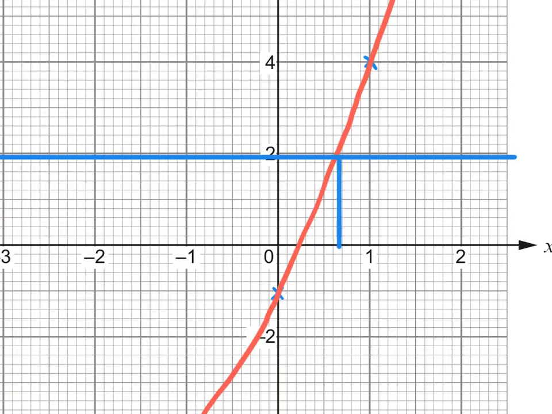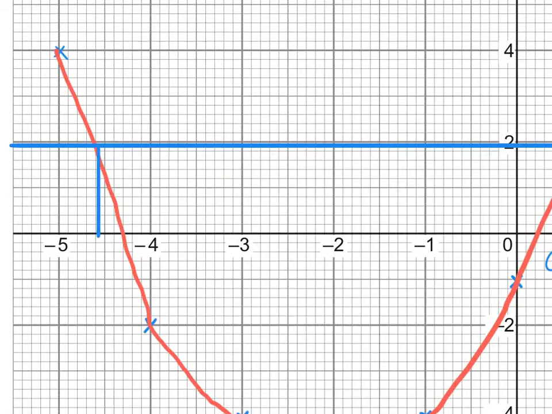I can see from 0 to 1, if I'm going up in 10 squares, each one of these is 0.1. So that's 0.1, 0.2, 0.3, 0.4, 0.5, 0.6. It's about 0.7. So my first answer here would be 0.7.